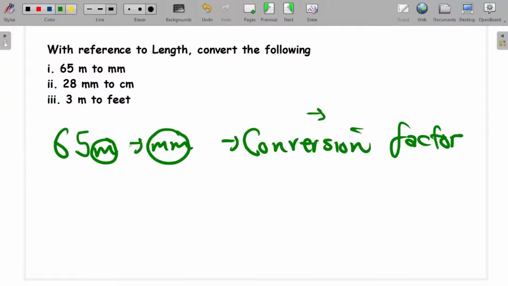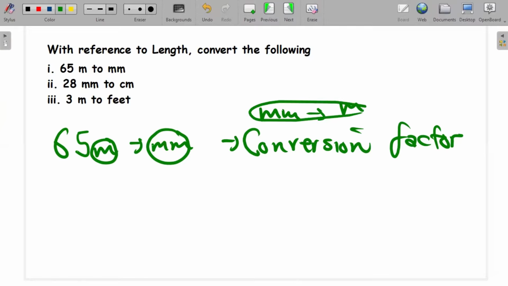It is a ratio between the two units of measurement that you're dealing with, but it is a ratio which is going to be equal to 1. It is not going to change the meaning of the initial unit of measurement. For example, you're going to say, how many millimeters do I have in a meter? That means this ratio that we're going to get from here is what we are calling a conversion factor between a meter and a millimeter.